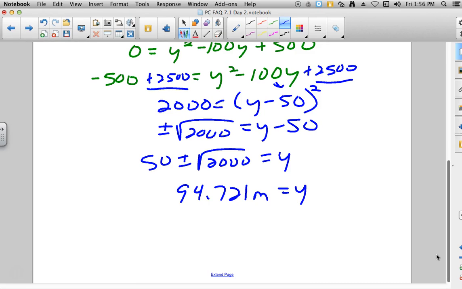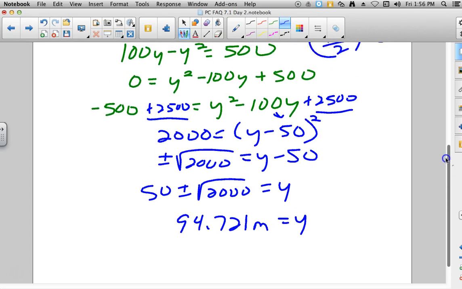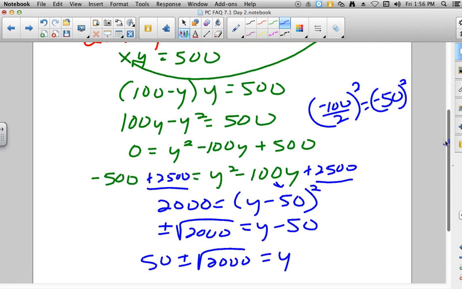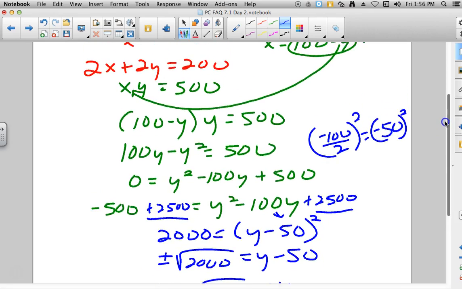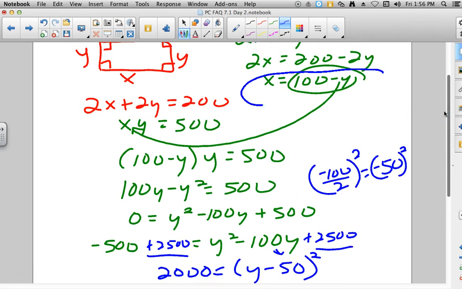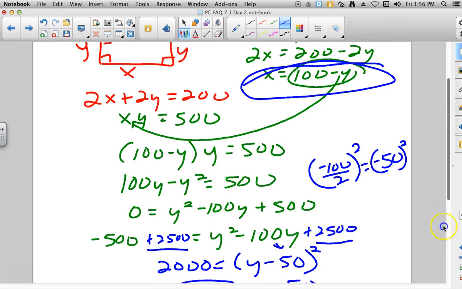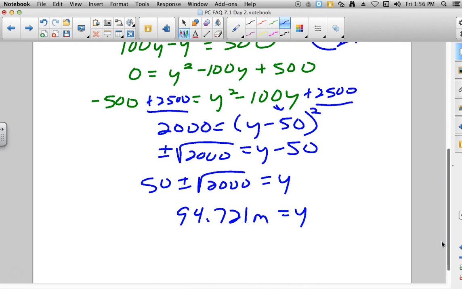And then if we just plug that back in, we absolutely have a beautiful little formula here for that. In fact, if we already have this in there for our answer, all we have to do is 100 minus answer to get x. So take 100 minus the 94.721 blah, blah, blah answer that you have, and that will come out to 5.279 meters for x.